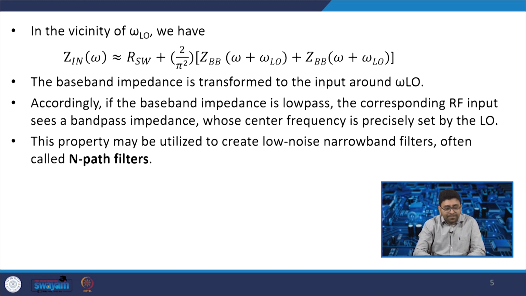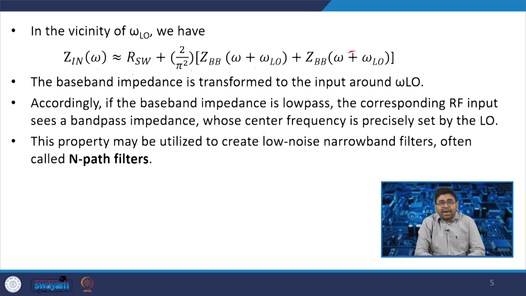That is why if we write the input impedance Z in omega in the vicinity of omega LO, it is R switch plus 2 by pi squared times ZBB omega plus omega LO and ZBB omega minus omega LO. So the baseband impedance is transformed to the input around omega LO.